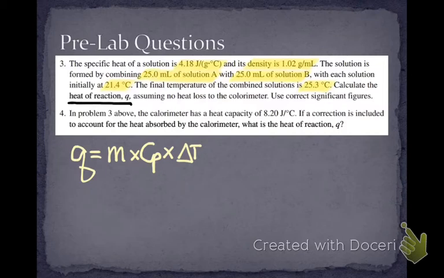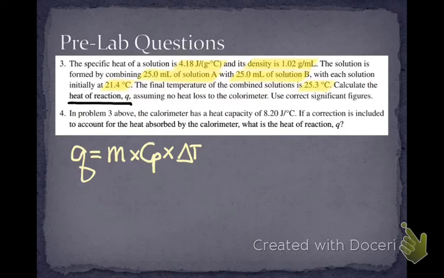Now, there's one thing that you need to be mindful of. This is an exothermic reaction. So that means that our Q value should be negative because the reaction is giving off heat.